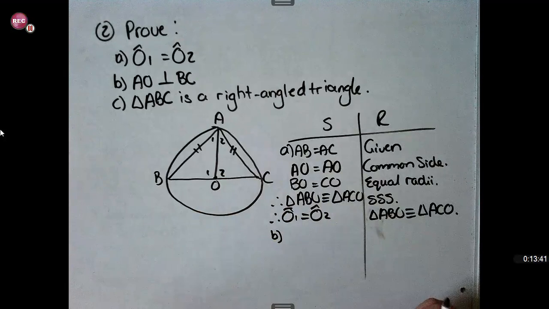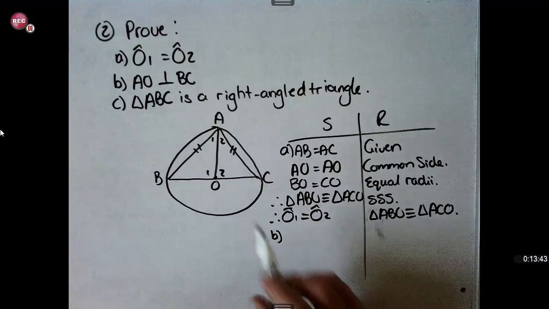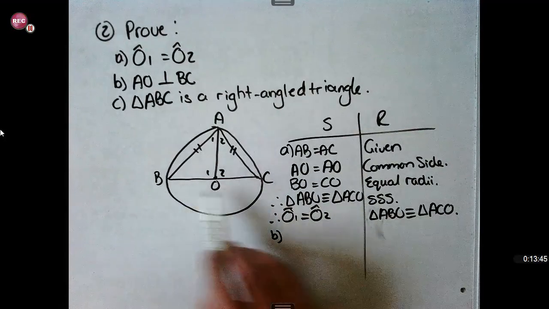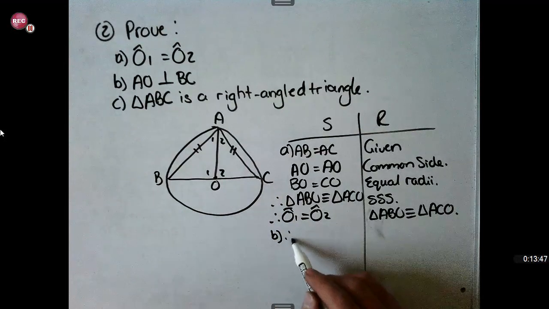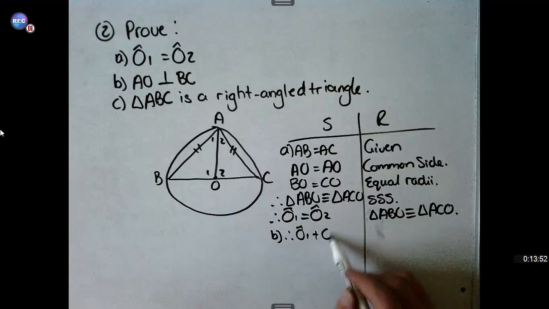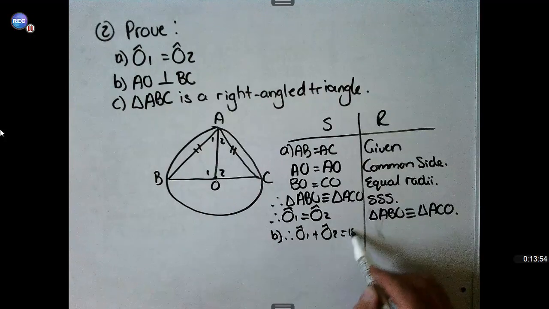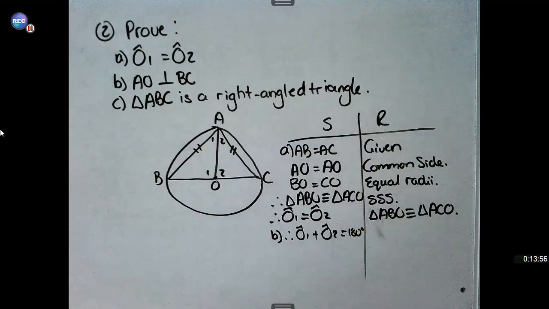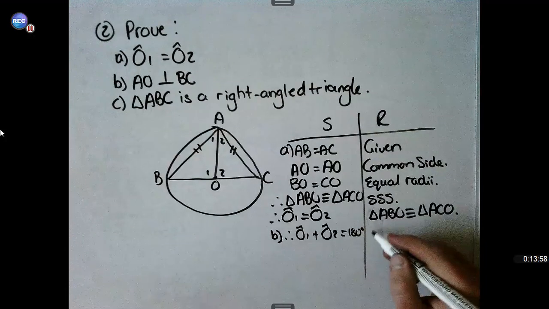What you can do is say that this is a straight line. So therefore, angle O1 plus angle O2 is equal to 180 degrees. And the reason why is because they are adjacent supplementary angles.